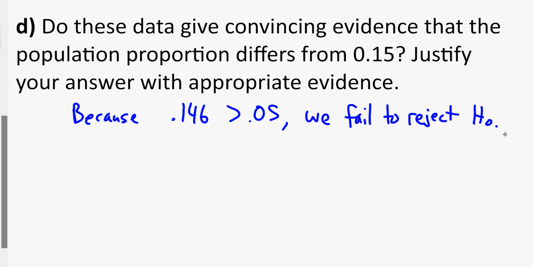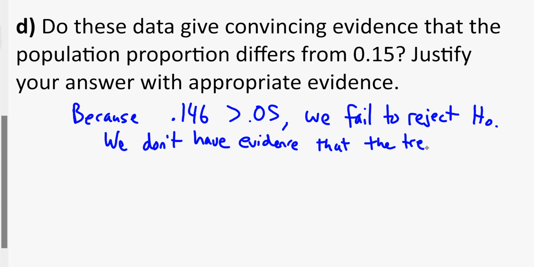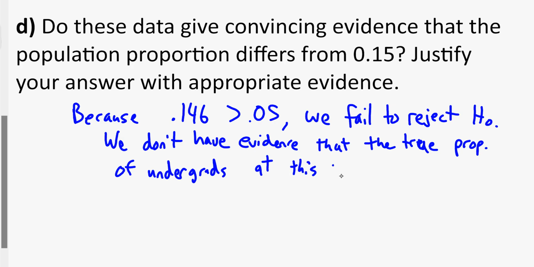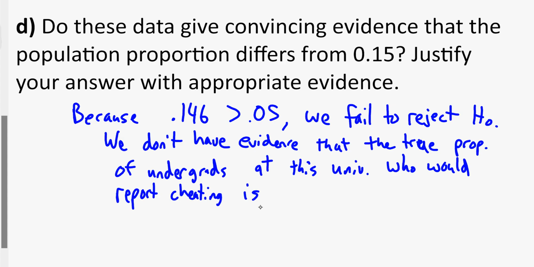But we want to give some context. So let's say we don't have evidence that the true proportion of undergrads at this university, technically, because we took a sample from this university, who would report cheating, is different than 0.15.